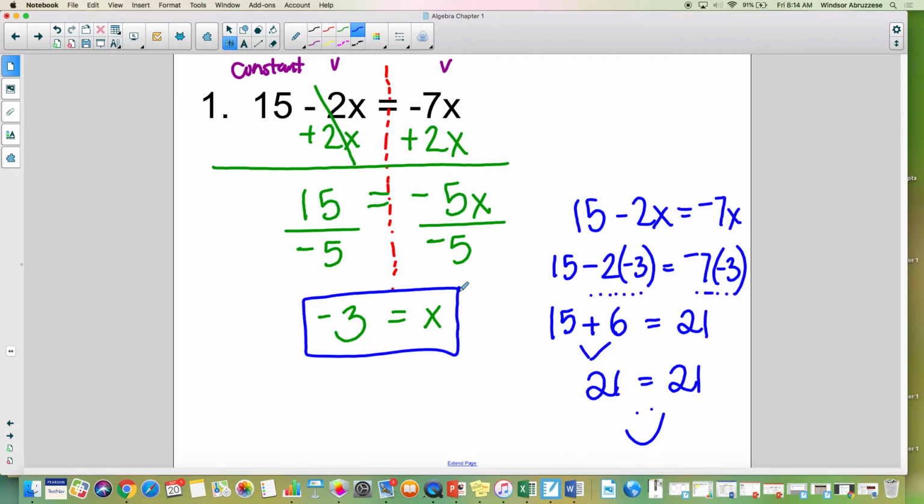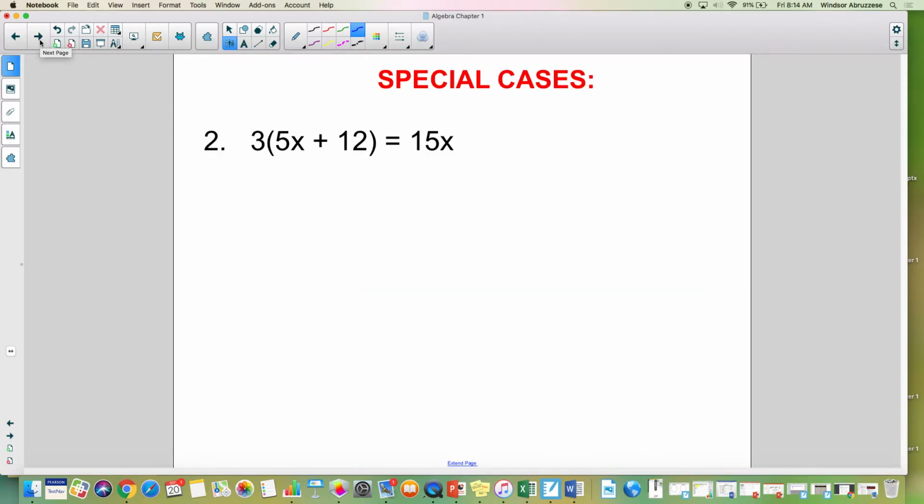Now, when we have variables on both sides, we have special cases. We're going to talk more about these special cases in class, but I want to just show you what could happen. So here's my equation. 3 times the quantity of 5x plus 12 equals 15x.